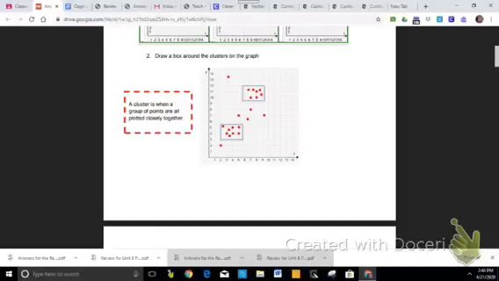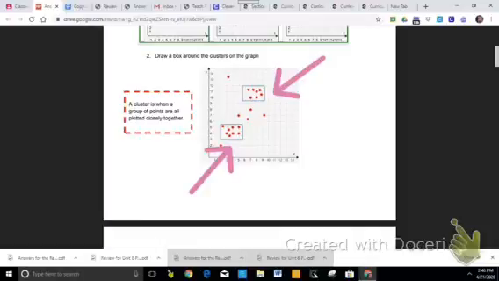Number 2, I think, is so easy. It says draw a box around the clusters on the graph. And you can see that they've drawn their 2 boxes because we have 2 clusters on this graph, 1 and 2.